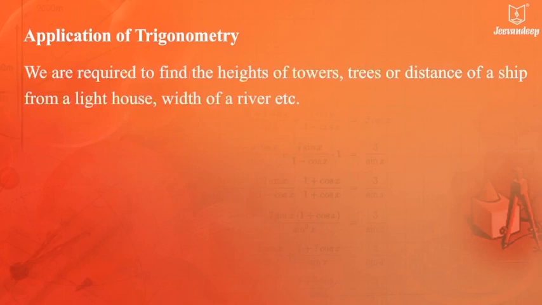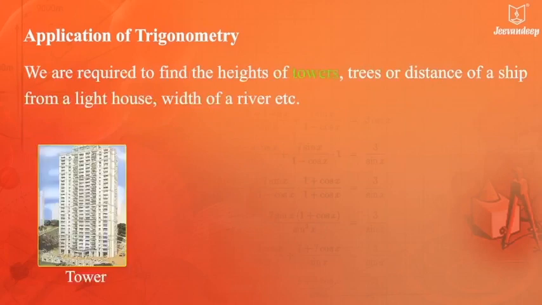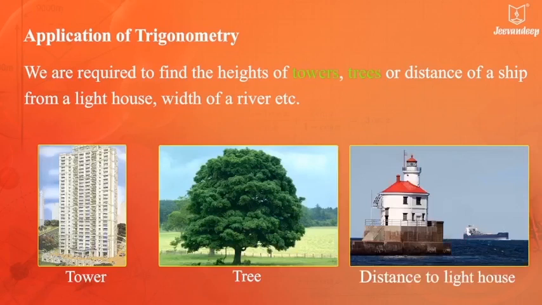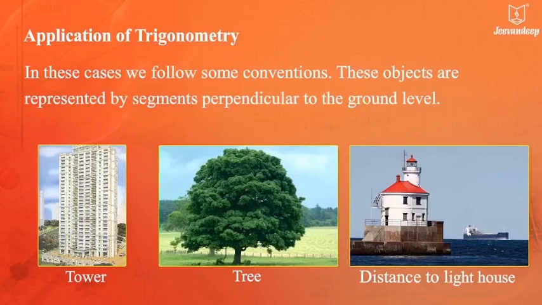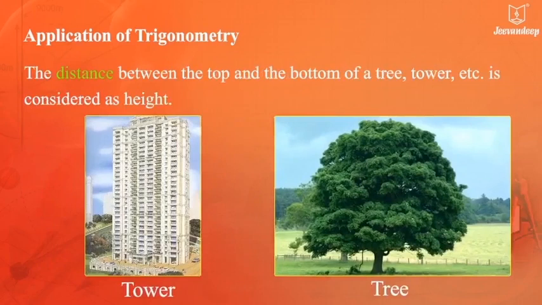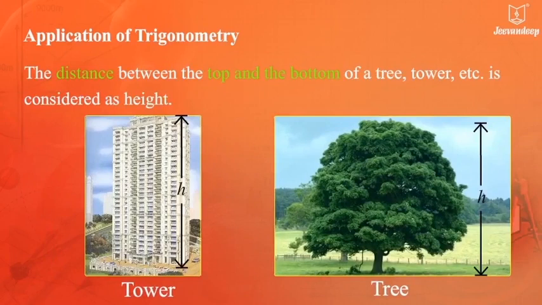We are required to find the heights of towers, trees, or the distance of a ship from a lighthouse, width of a river, etc. In these cases, we follow some conventions. These objects are represented by segments perpendicular to the ground level. The distance between the top and the bottom of a tree, tower, etc. is considered as height.